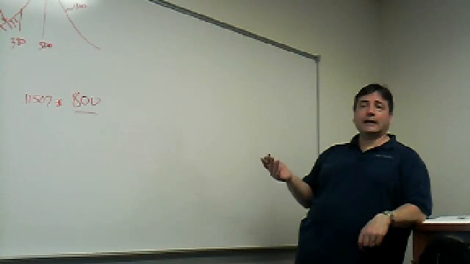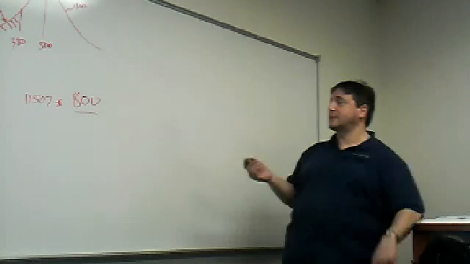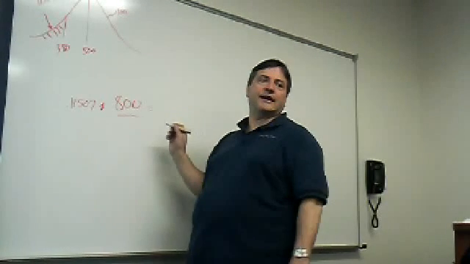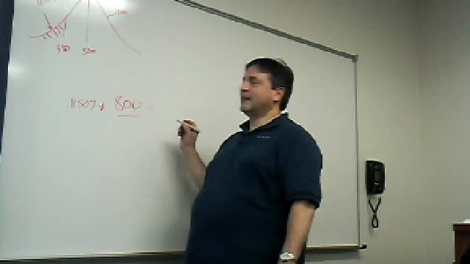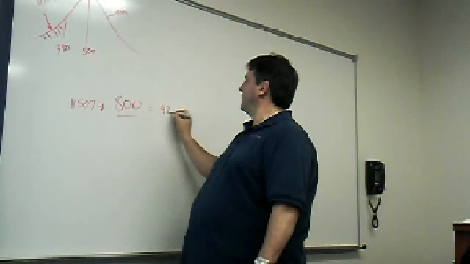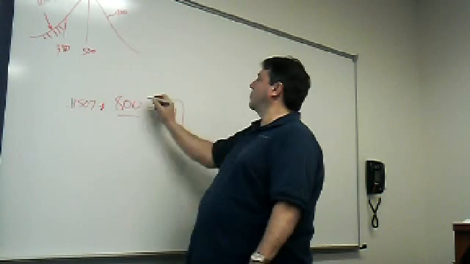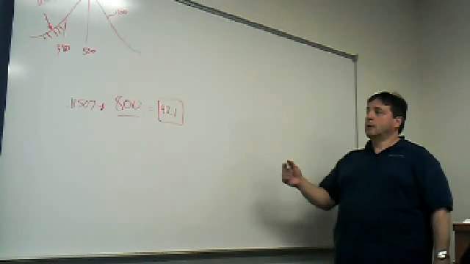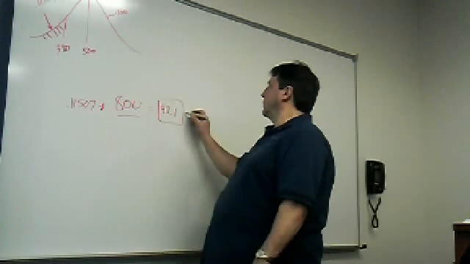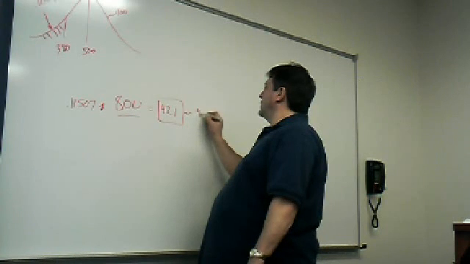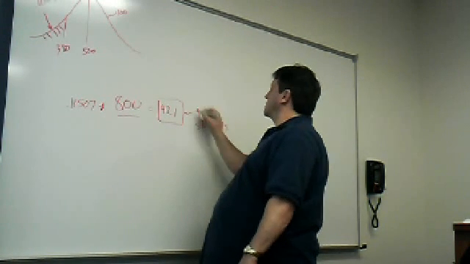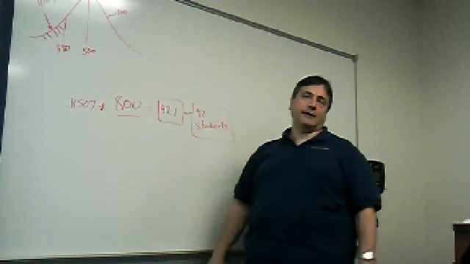But we can calculate the exact number by taking 0.11507 times 800, and what do we get? 92.1. A little bit more than 88 is fine. Since these are students, we would round this off to 92 students. So our prediction is there will be 92 students in that first band.